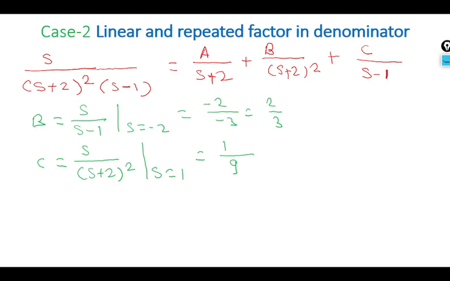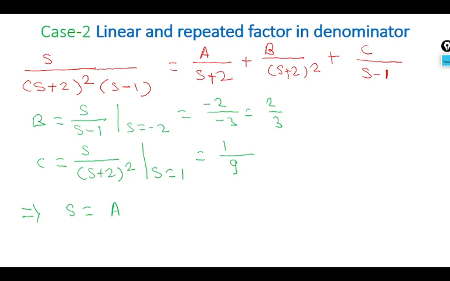So for that, in the original equation, you can cross multiply by the denominator (s plus 2) squared into (s minus 1). So we get one equation here, and that equation is s is equal to a times, and you can replace the values of b and c here.